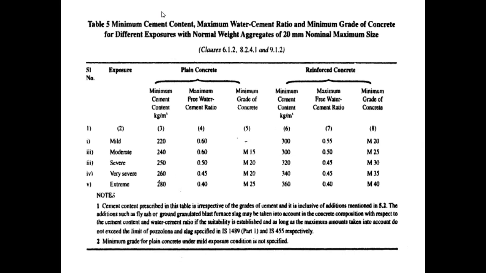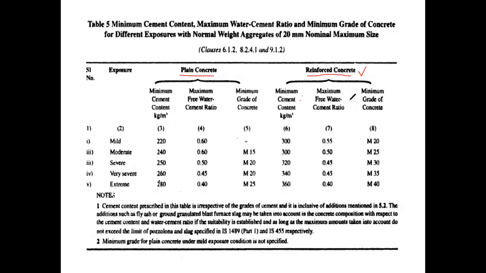So you see here, this is for reinforced concrete, and this is for plain concrete. Our question is reinforced concrete, so we are going to see here, that is reinforced concrete. What are the three columns given here?